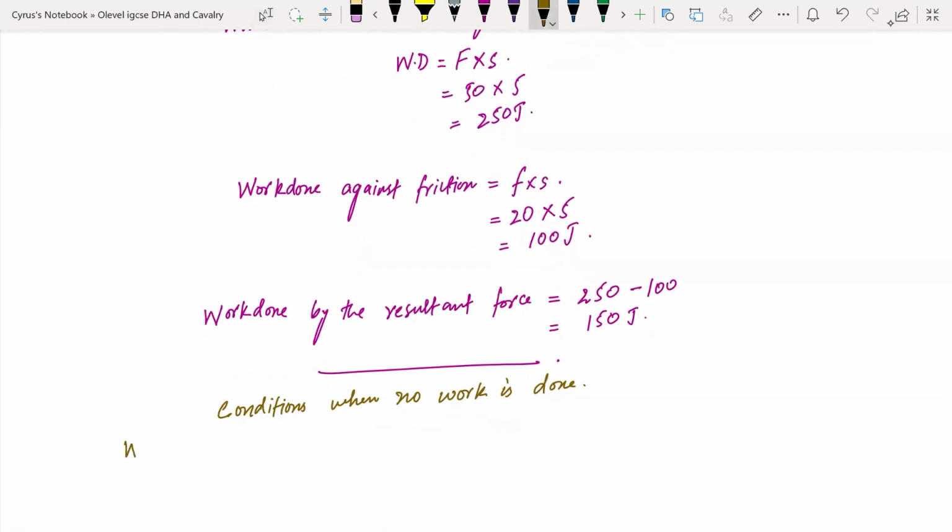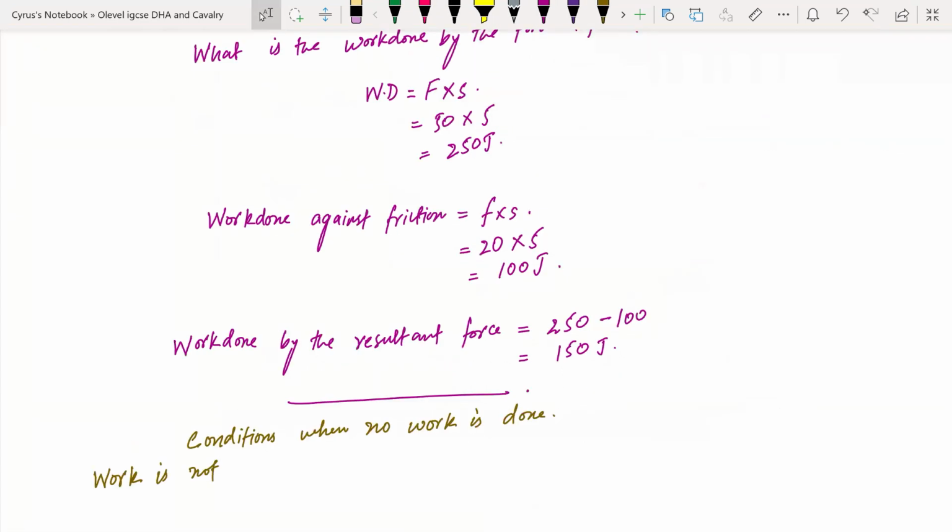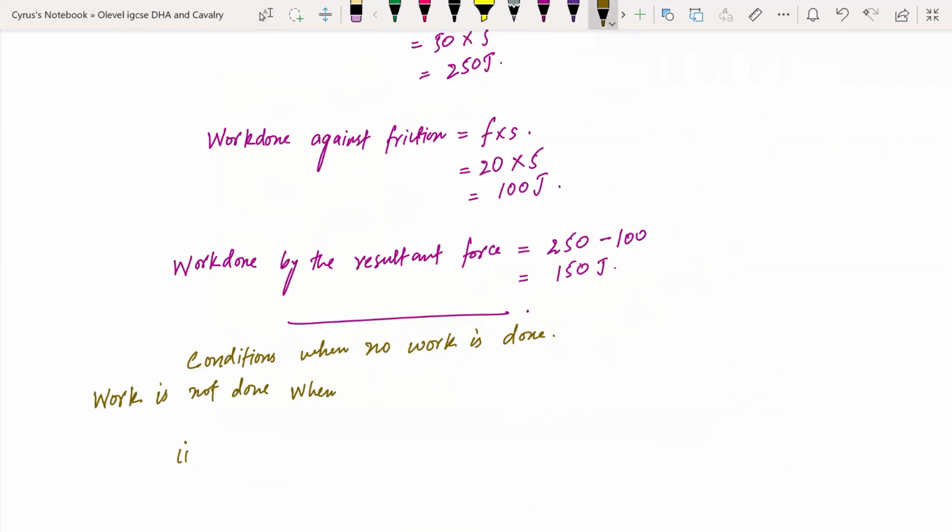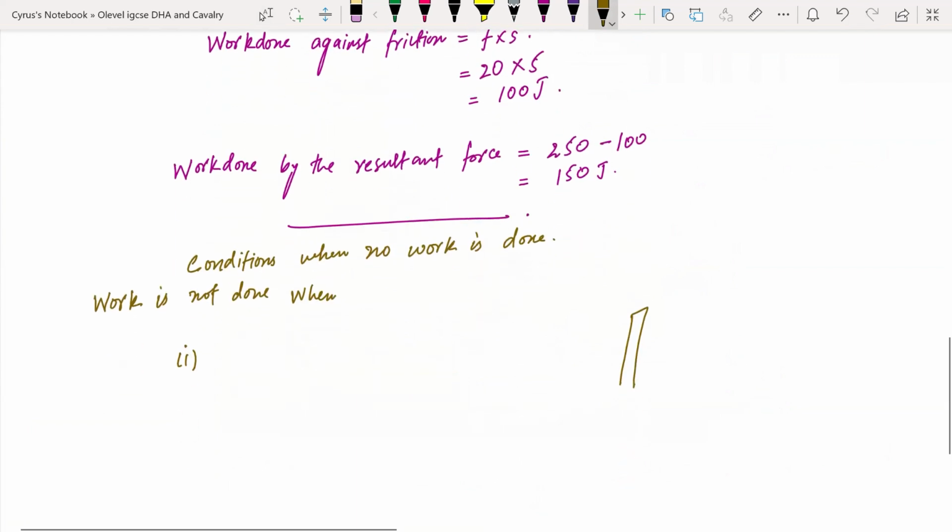There are certain conditions when no work is done. Number one, when there's a person here, this is a wall. Let's say there's a wall here on an object, and there's this person, right? And this person is applying a force here, but it's not moving, right?